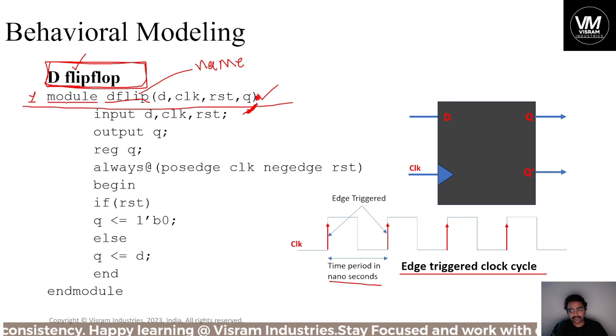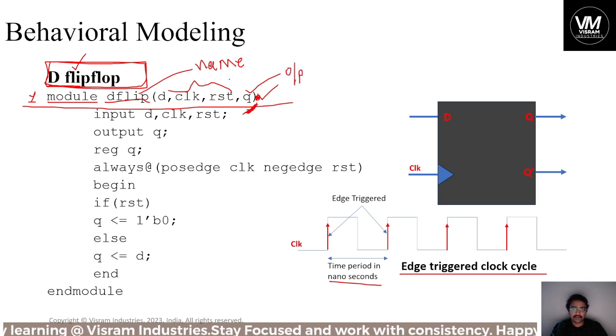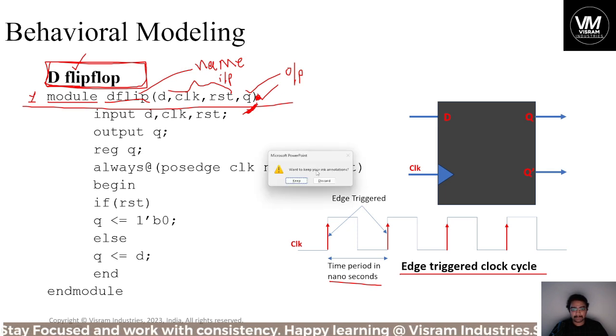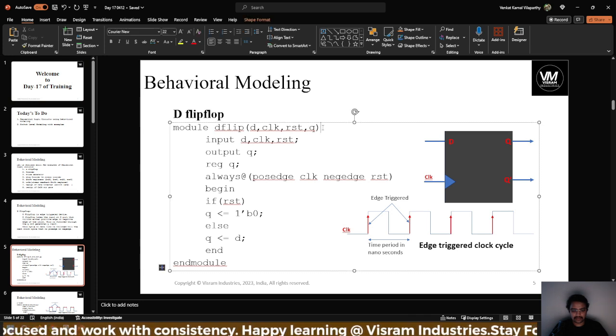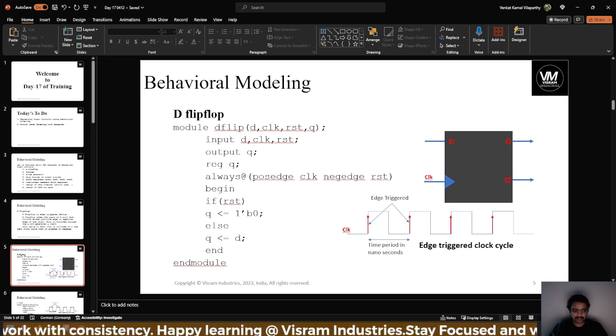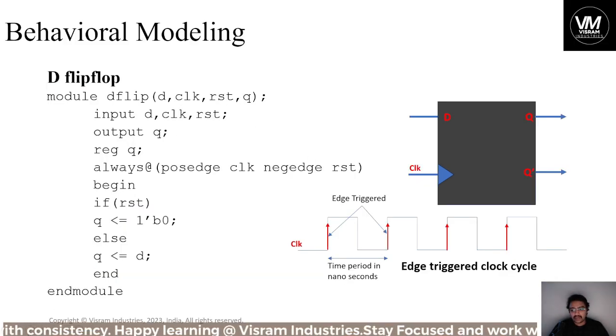So for that module, name, and what are all the inputs and what is the output, within the brackets. Done. And you need to end with a semicolon. Hence, now I will change this. So yeah, that is one difference. Now coming to the first part, it is done.